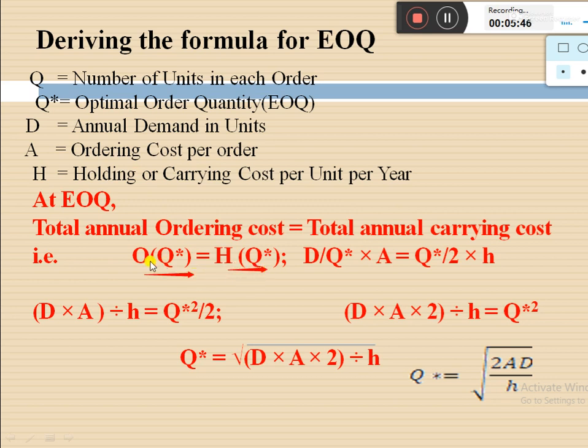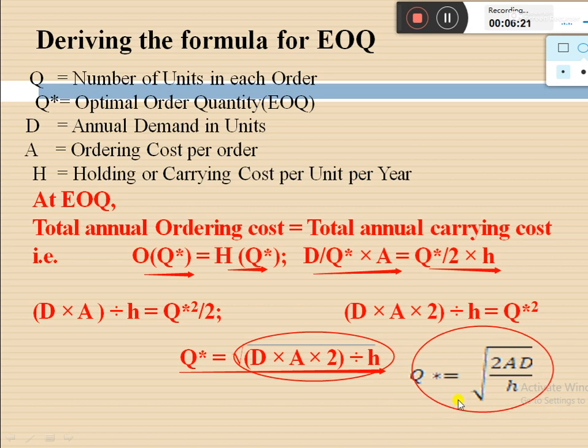By replacing the annual ordering cost with its formula, that is D by Q into A, and similarly by replacing the carrying cost by using this formula, after simplification, we would get the value of economic order quantity, that can be rewritten in this form.